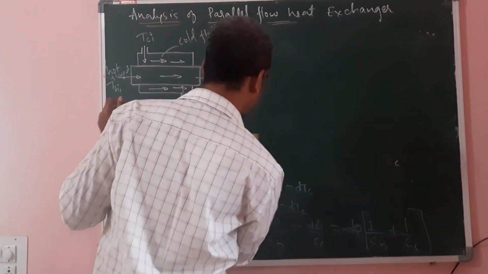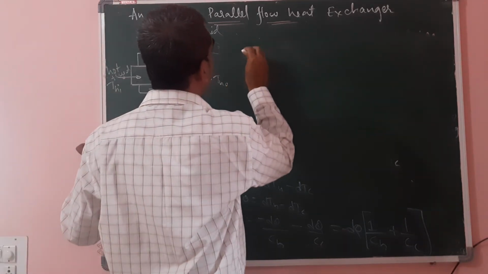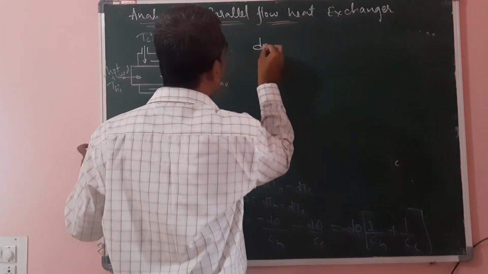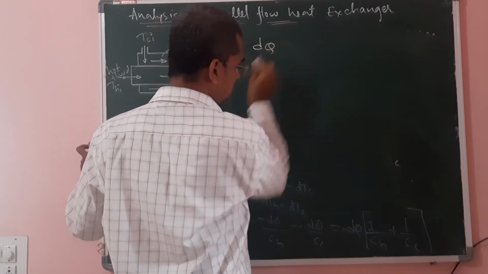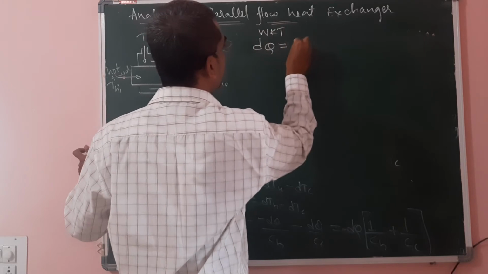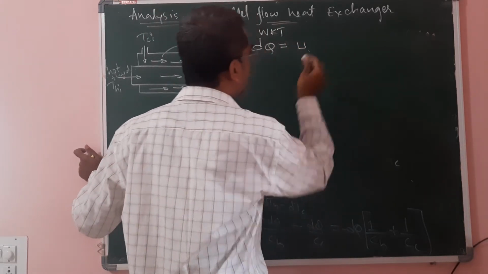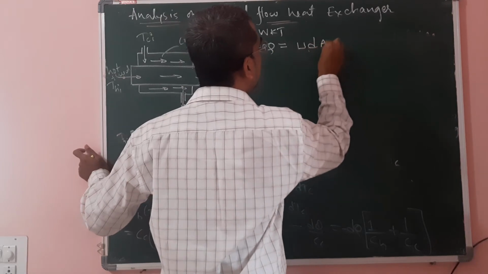Therefore, what we can write is dq is equal to UA into dA, a small elemental area, into theta.